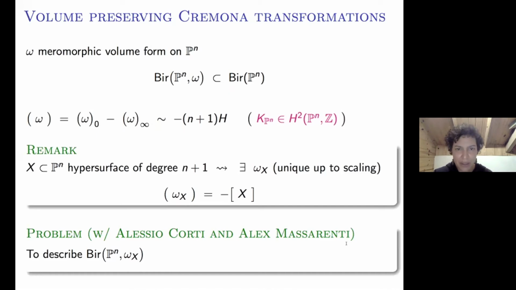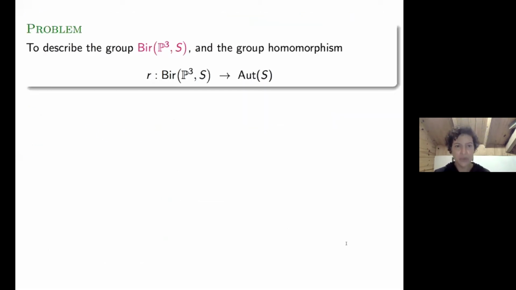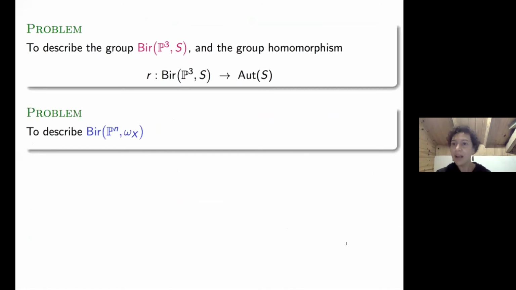So let me just put together these two problems that I have discussed that may look very different from each other. We want to describe the group of birational transformations, say of P3, that preserve the quartic surface. And on the other hand, we want to describe subgroups of the Cremona group given by transformations that preserve a volume form.